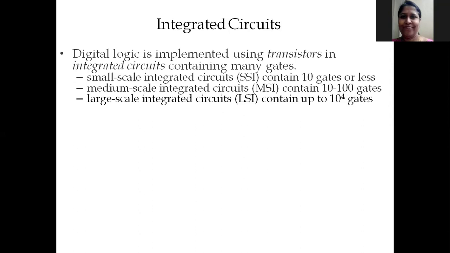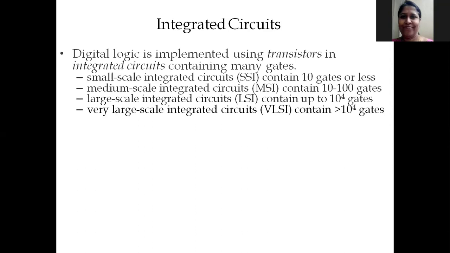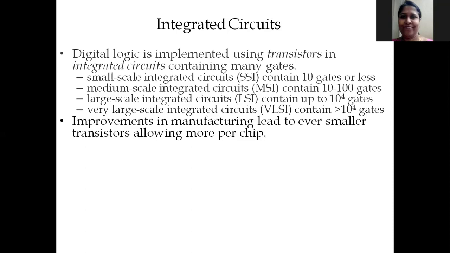Large scale integrated circuits have 10 raised to 4 gates. And very large scale integrated circuits contain more than 10 raised to 4 gates, that means more than 10,000 gates in a single chip. So improvements in manufacturing are leading to smaller transistor sizes and higher speed of operation, consuming less power.